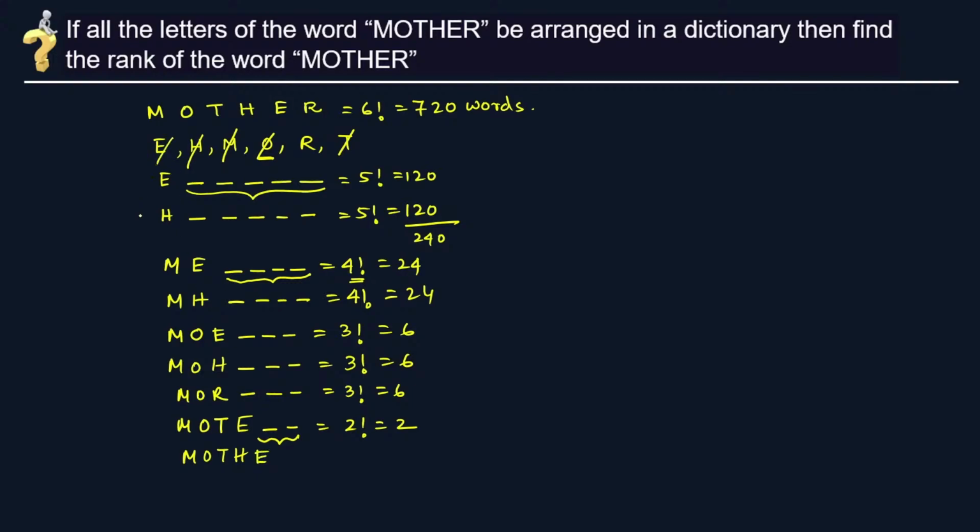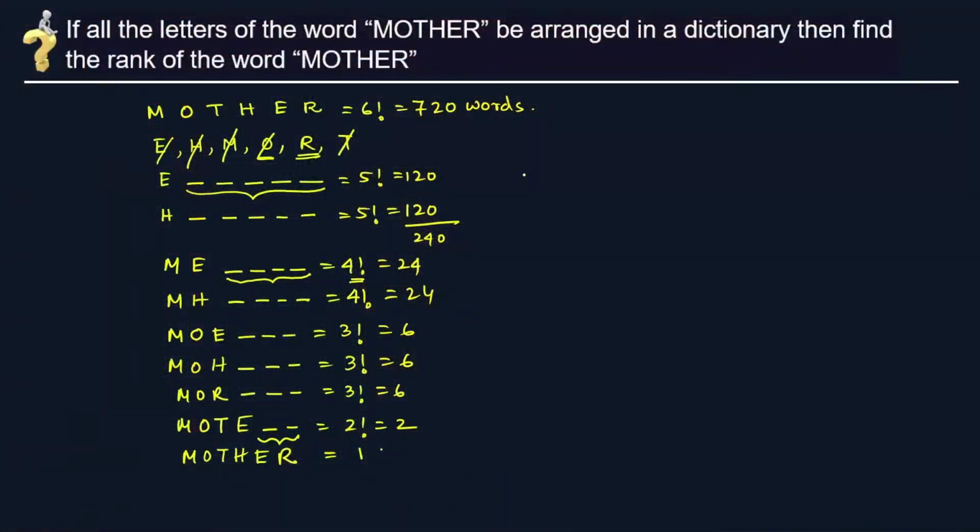Once E has come, you have to block it. And then alphabetically only the alphabet R is left. So that place has to be counted. So that is 1.